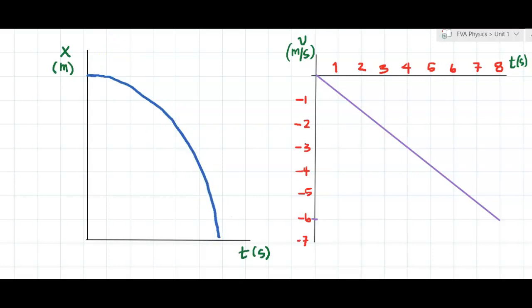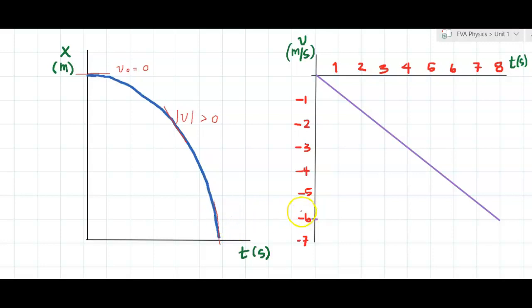showing that for every moment, my velocity, remember, is the slope of the tangent line. So this shows me an initial velocity of 0. This tangent line would show me a velocity that is greater than 0, just in the negative direction. And then here, our velocity is even more negative.